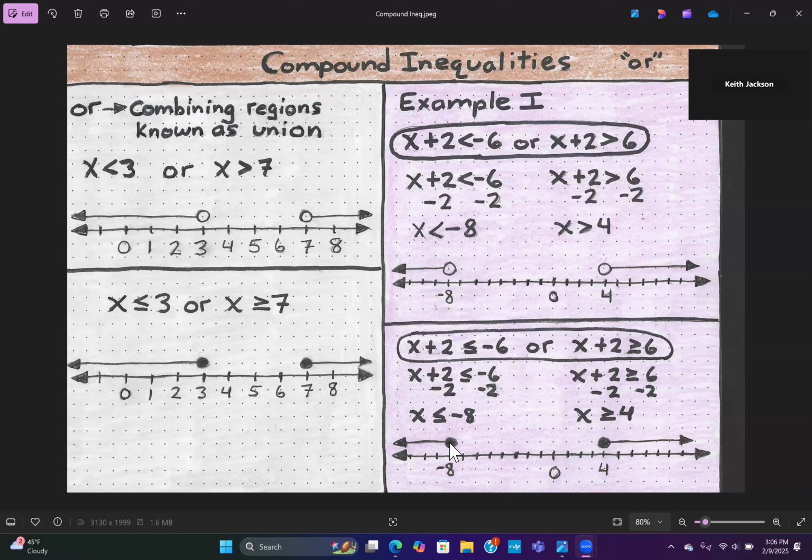In this case, x can be negative 8, but it also can be less than negative 8. Let's go on to the other side in which we have x plus 2 is greater than or equal to 6, subtracting 2 from both sides to isolate the variable x. And we have x is greater than or equal to 4, putting a shaded circle above the 4, drawing the arrow going to the right of 4. In this case, x can be 4 or it can be greater than 4.